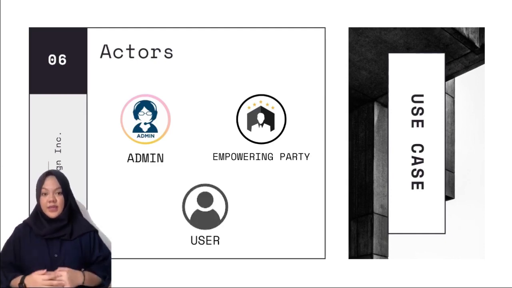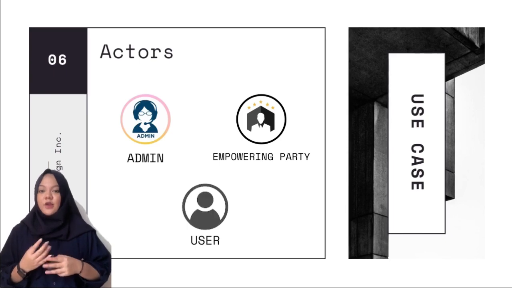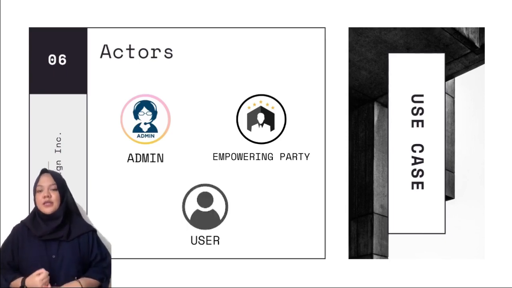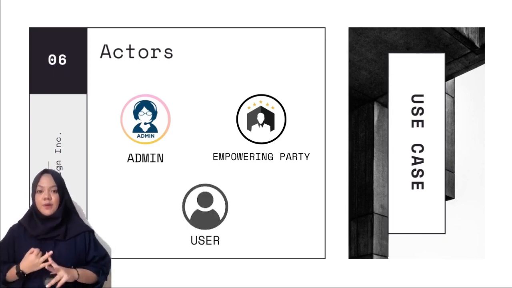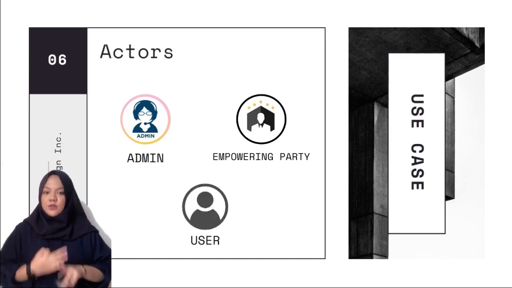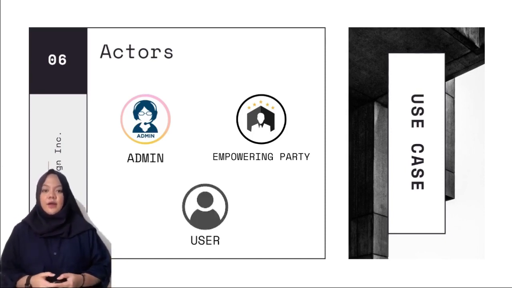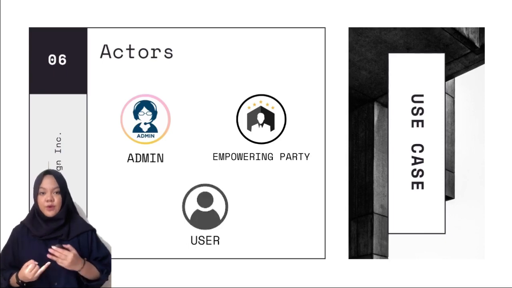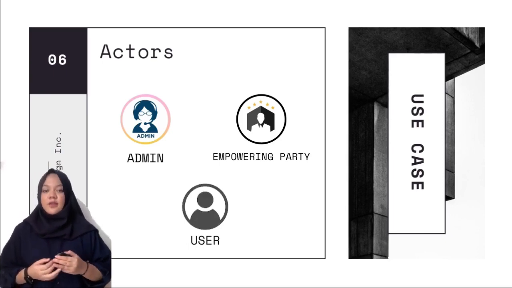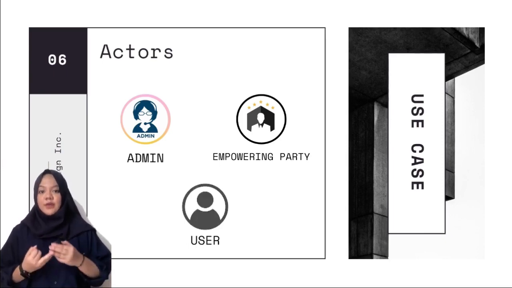Now, I'm gonna explain a little bit about the use case. For this use case, there are 3 actors. The first one is admin, the second one is empowering party, and the third one is user. All three of them can log in to the website, and especially for the customers, they can input damage reports and register.